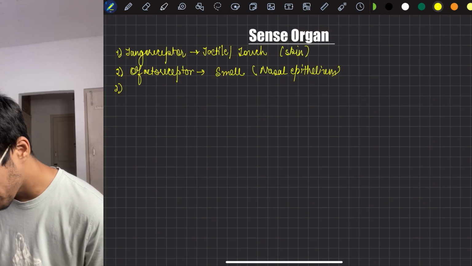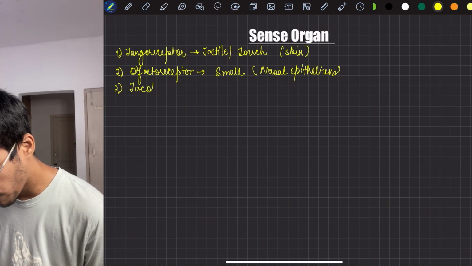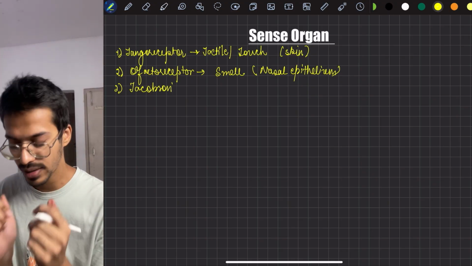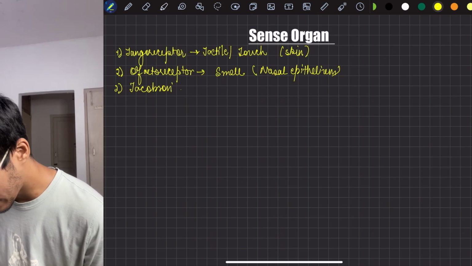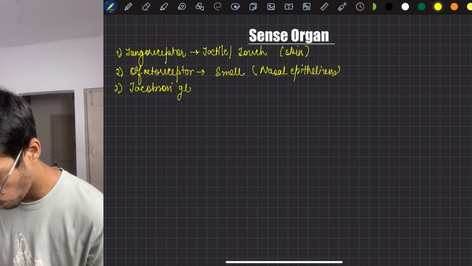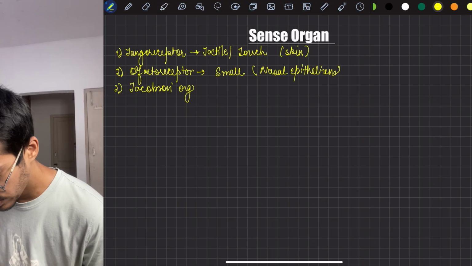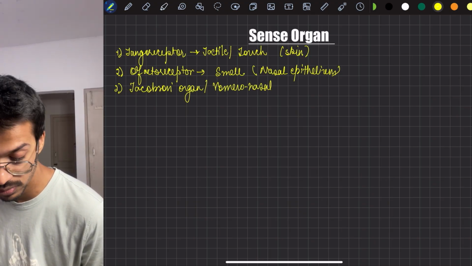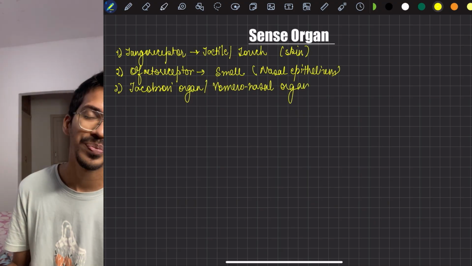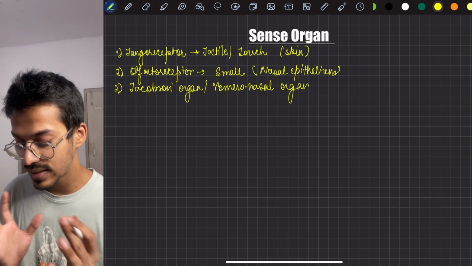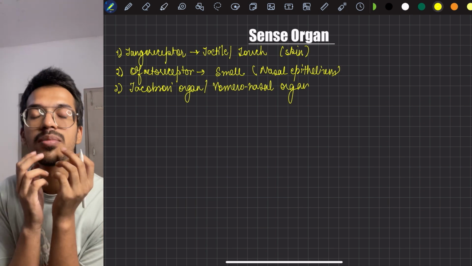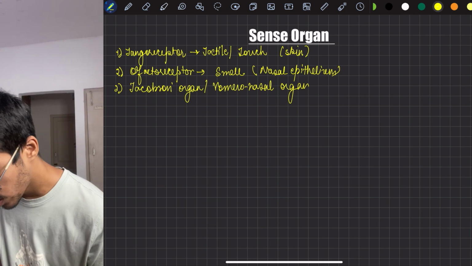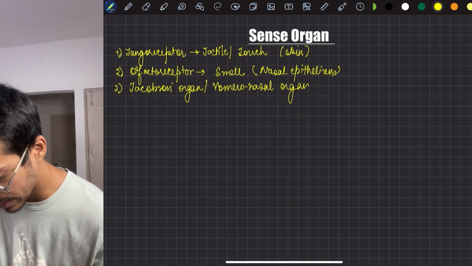Then we have the Jacobson's organ, present in the nasal area. We also call it the vomeronasal organ because it is present at that area, between the teeth and the nostril area, and it is responsible for smell.